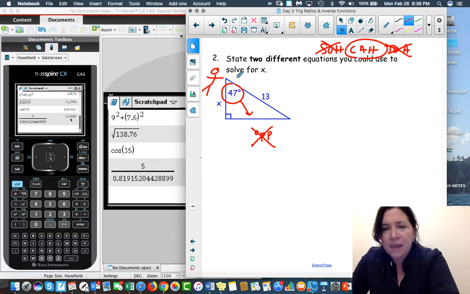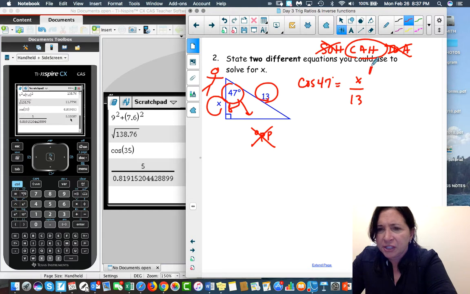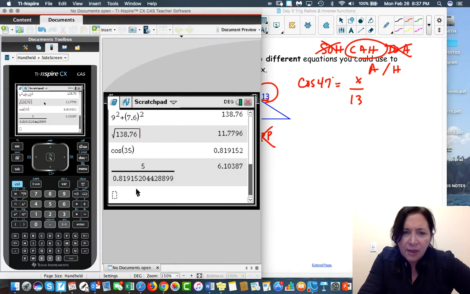So here we go. For here, we're going to go cosine of 47 degrees is equal to the adjacent side, x, over the hypotenuse. So x over the hypotenuse, which is 13. This is adjacent side over hypotenuse, a over h. Okay, so we need to find out what cosine of 47 is first.